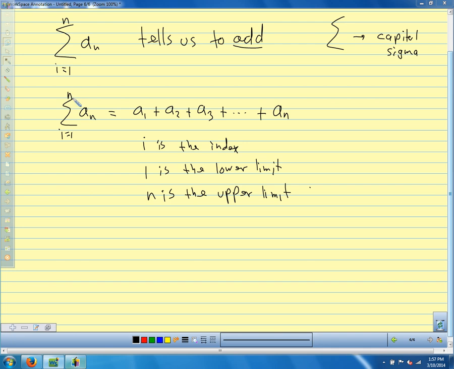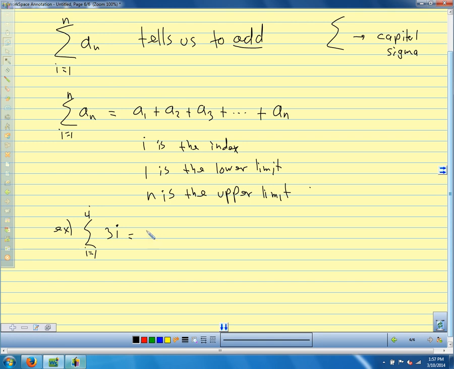So let's look at an example of a summation. Let's sum i equals 1 to n of 3i. Or sorry, I want to go from 1 to 4 here, not 1 to n.